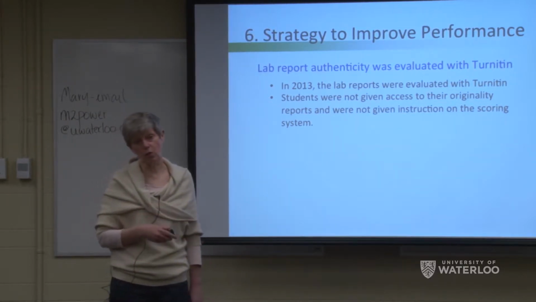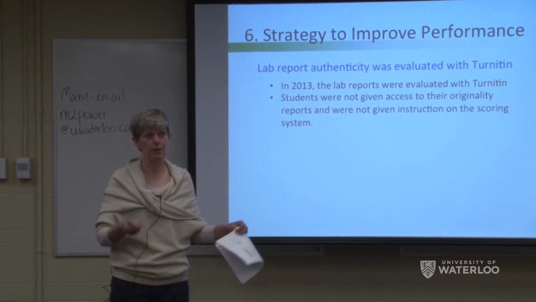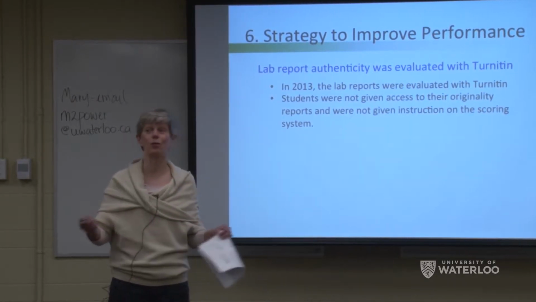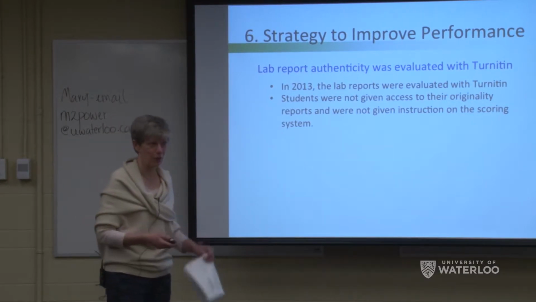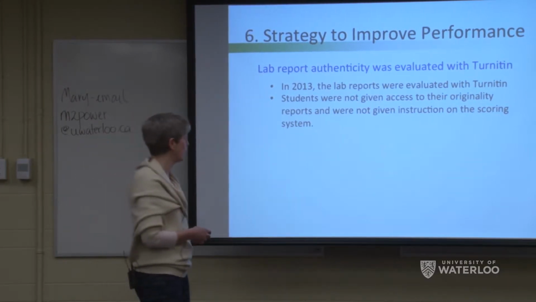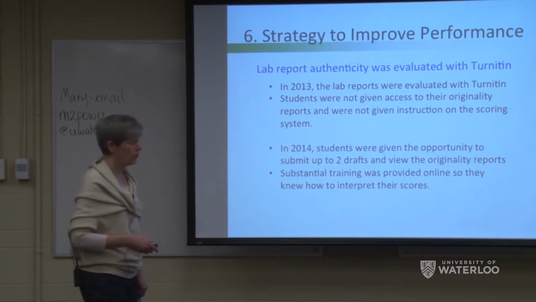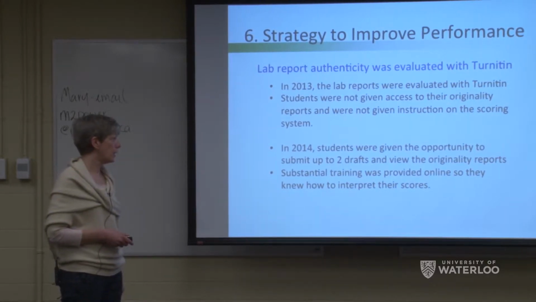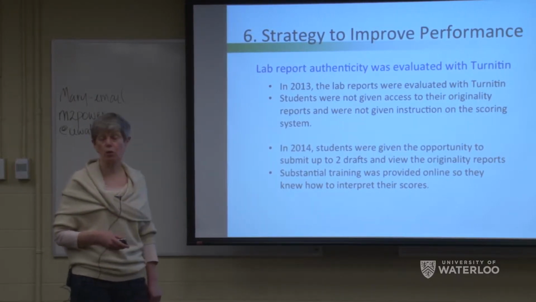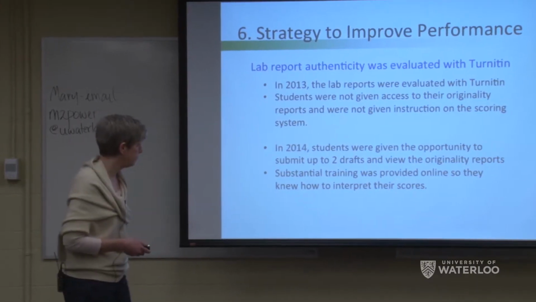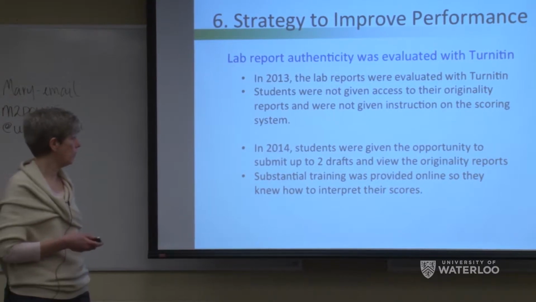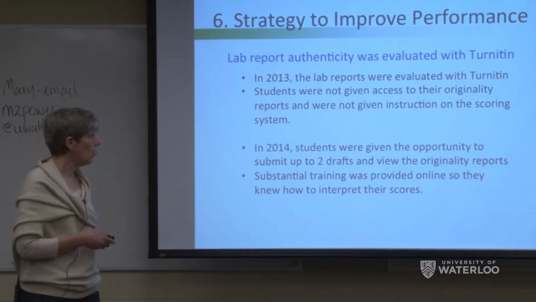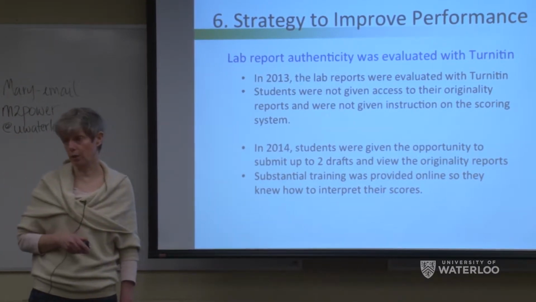In this course, we need some history as far as what reports are out there floating around, so it's not that useful; we need a few years' time to find out what kind of activity is going on. In 2014, the students had the opportunity to have up to 2 drafts evaluated. We provided a lot of training online, as Vivian alluded to. We also told them we weren't going to look in the draft box.